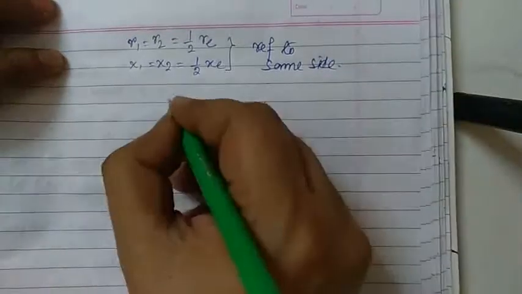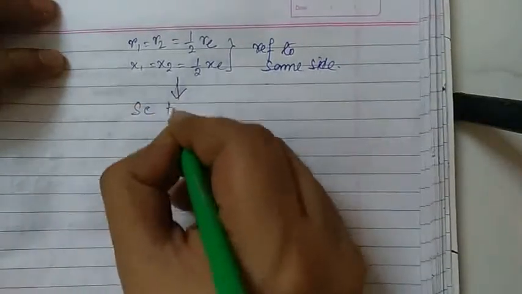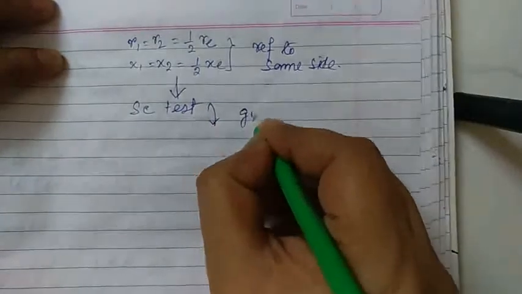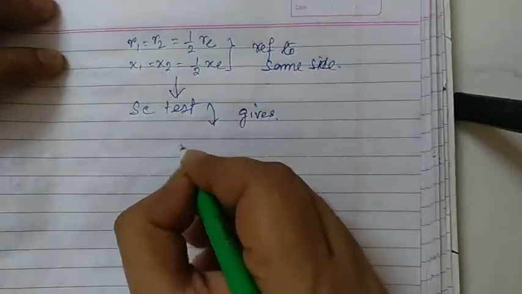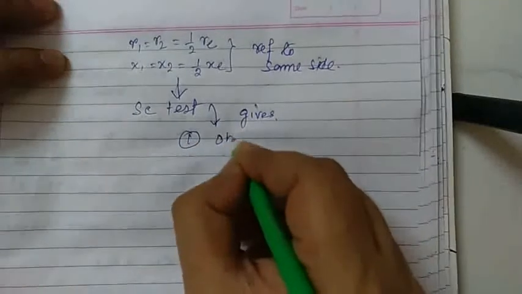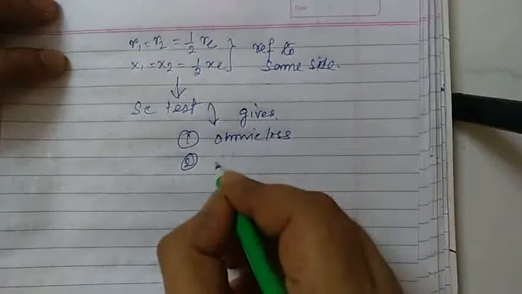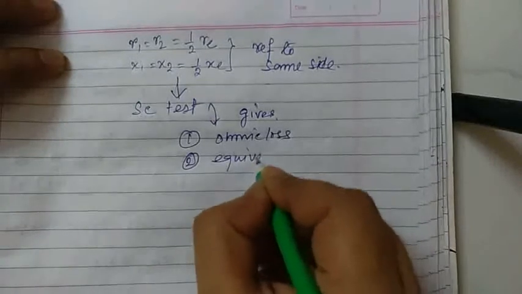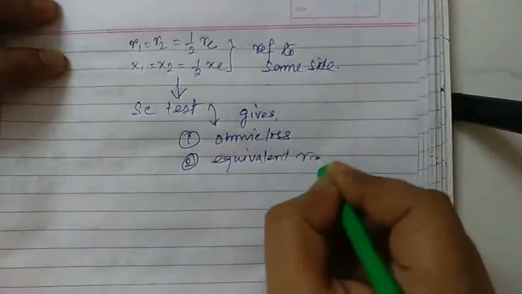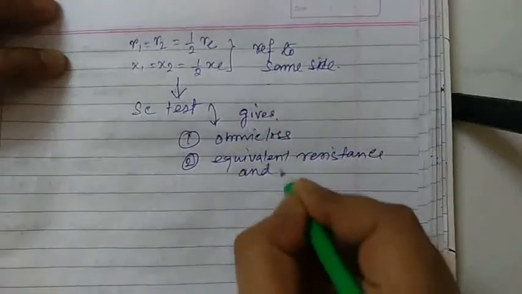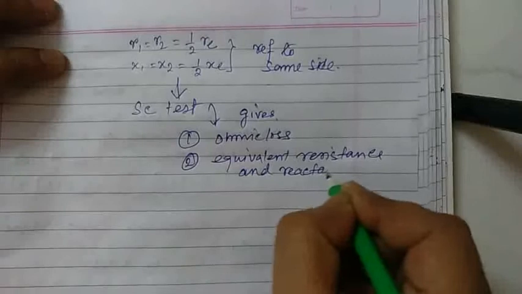So from the short circuit test we get, number one, the ohmic loss, and number two, the equivalent resistance and reactance.